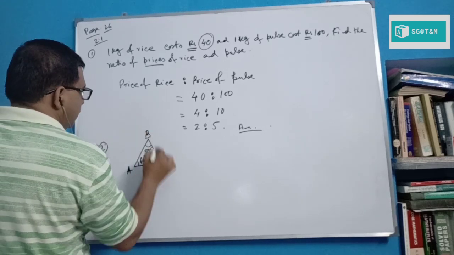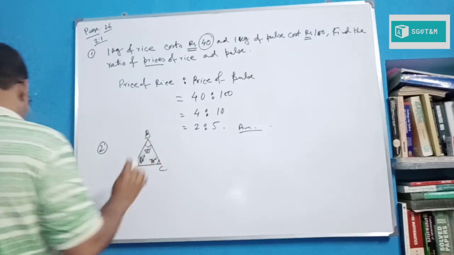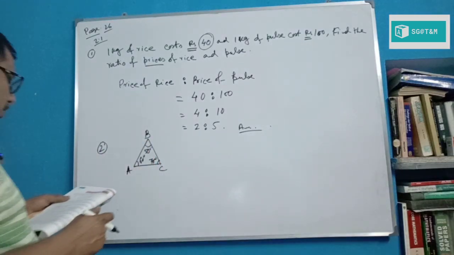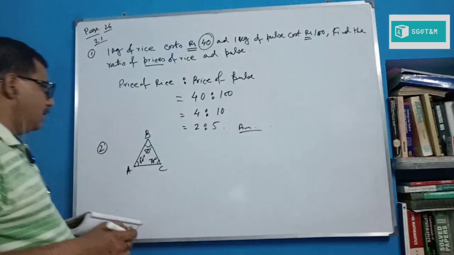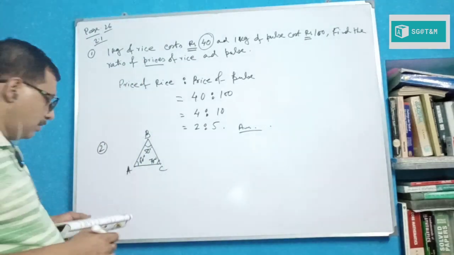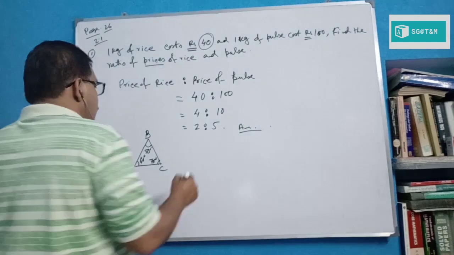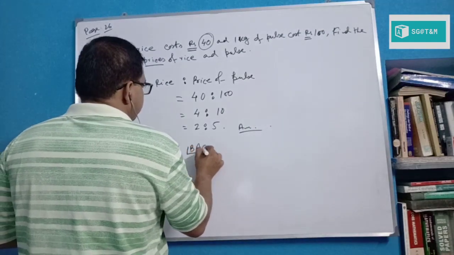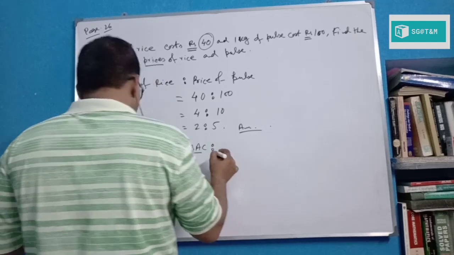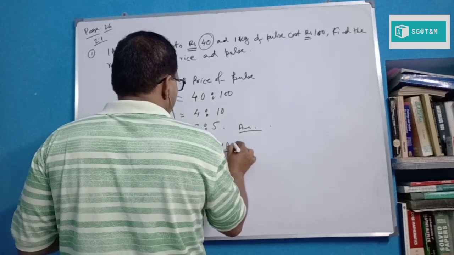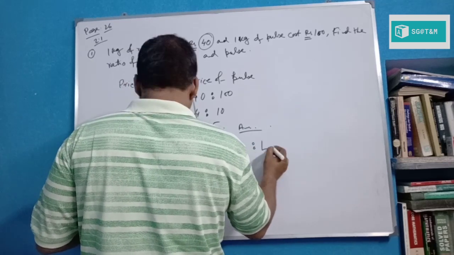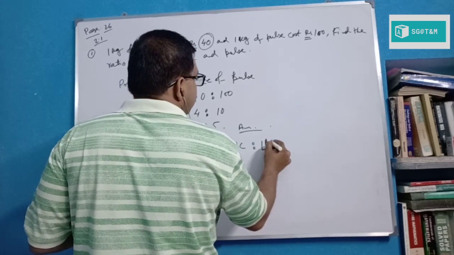A, B, C is given. Now we have to find their ratio also. All are in the same unit, degree. So angle BAC is to angle ABC is to angle ACB.